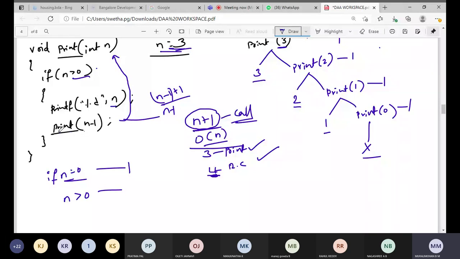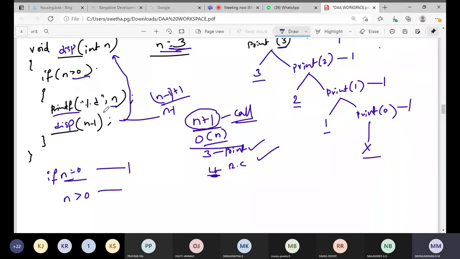See, don't confuse here: this print is a recursive call and this printf is the usual print statement. If you are confused, we can take a different name. Let me take display.